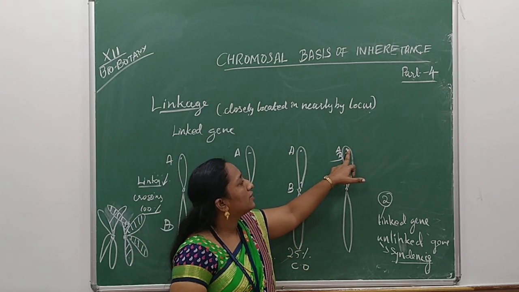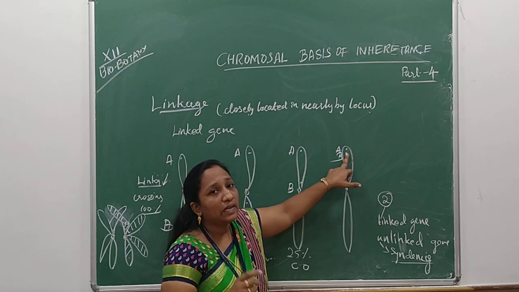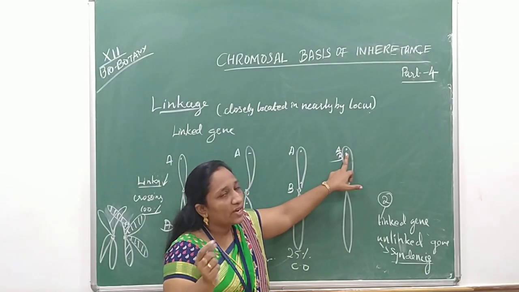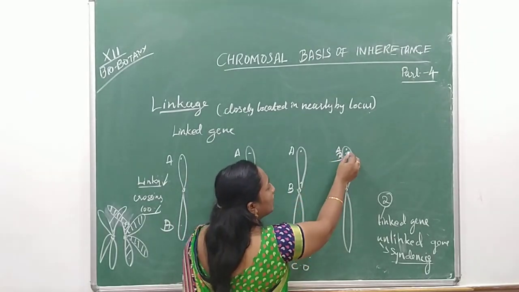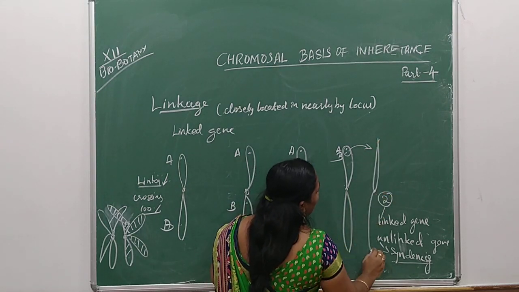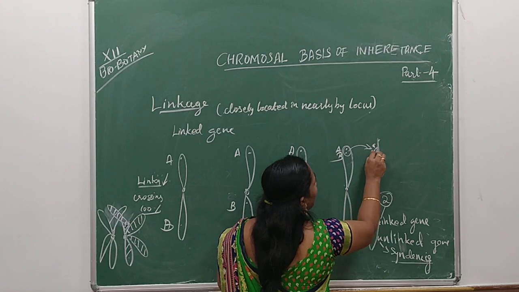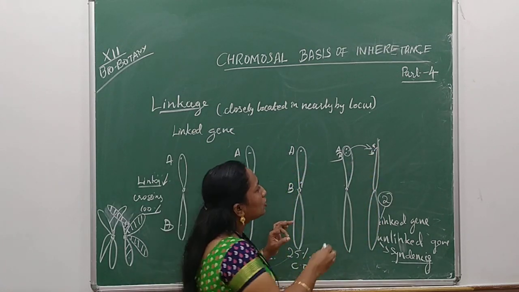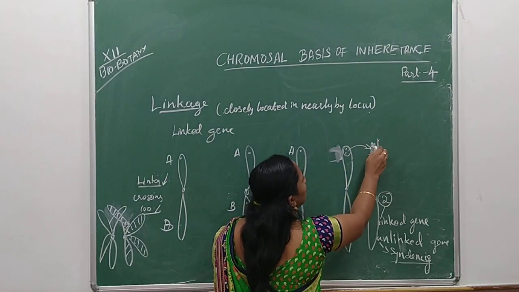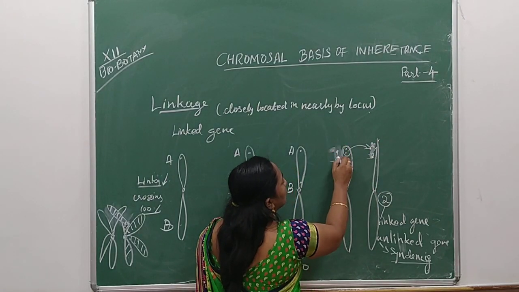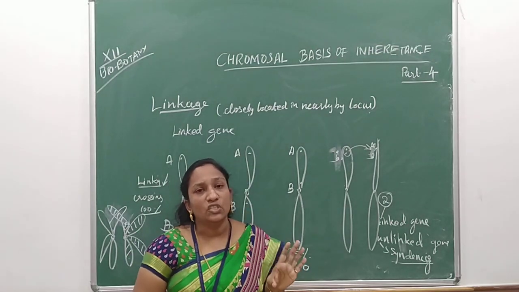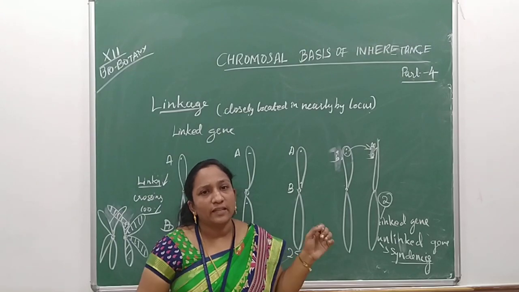Here gene A and gene B are linked together, so we cannot separate them from each other. If crossing over takes place, the entire gene itself gets exchanged. For example, if it is a homologous chromosome with small a and small b, it is difficult to separate the linked gene.